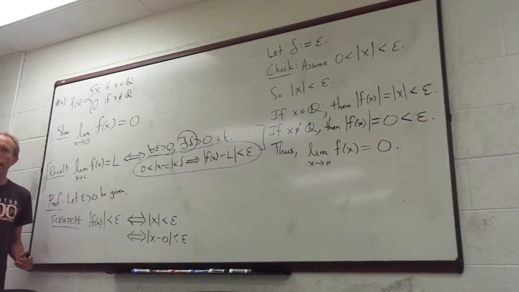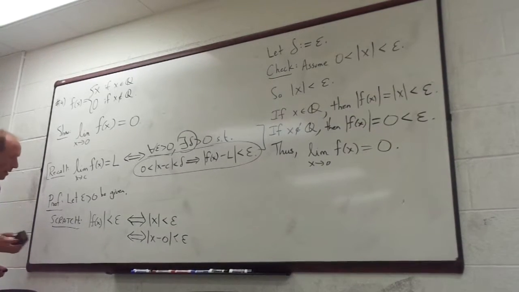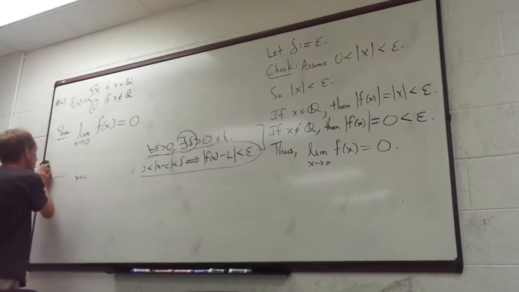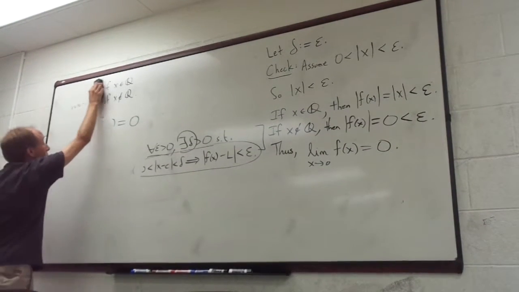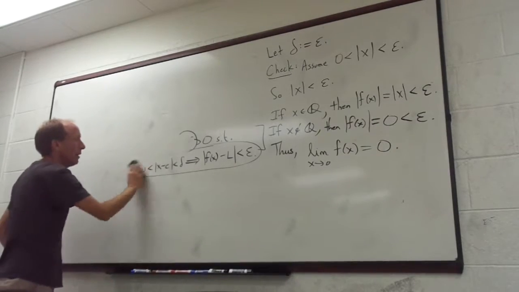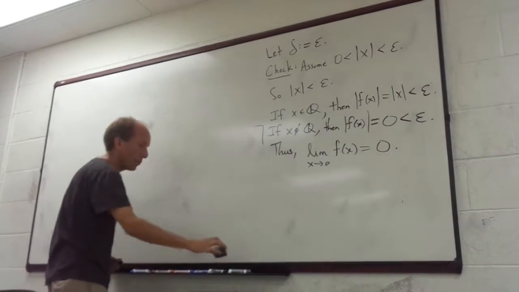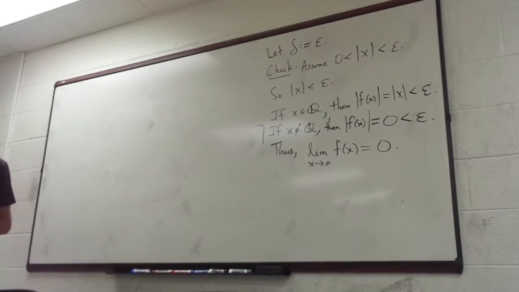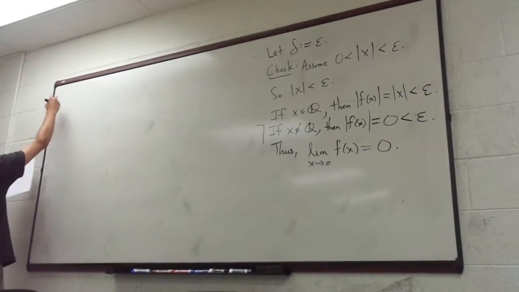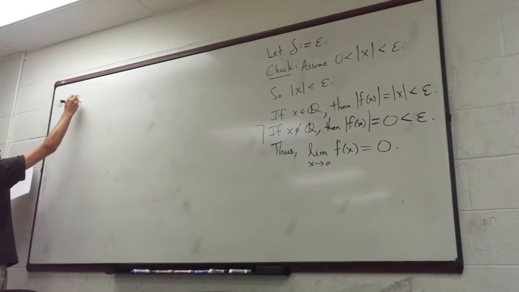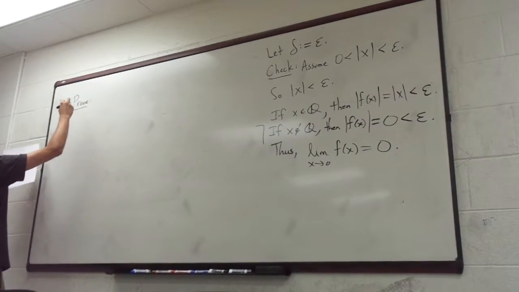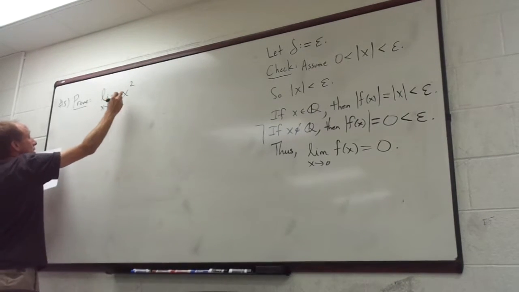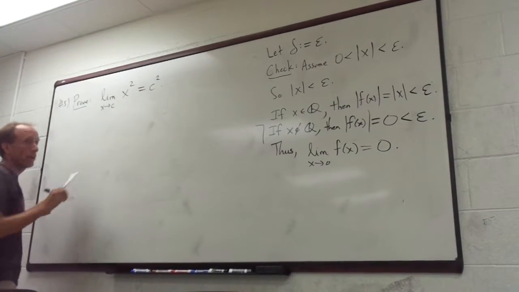If not, I'm going to do this last problem. The last problem is actually kind of a long one because, well, I'll explain in a second. I don't think I'll do the whole thing. I'll just do one case and then I'll leave you guys to practice the other. There's actually like 3 cases here. Basically number 5 just says to prove that the limit of x squared as x approaches c is equal to c squared.